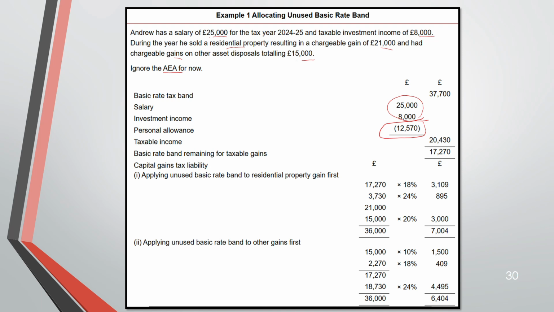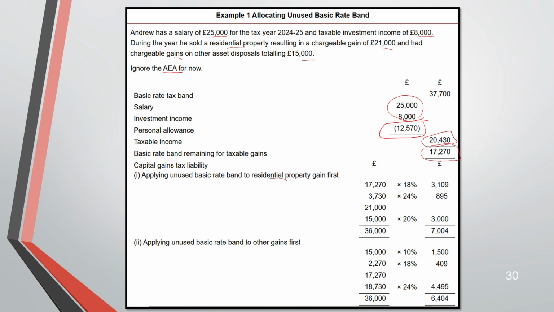So for the taxable income, do not forget to deduct the personal allowance, because you have been given the income. You have to deduct and find the taxable income. So if you find the difference, this much of the basic rate band is still remaining. That means this much of your gain could be taxed at the lower rate. So first you will charge against your residential property.